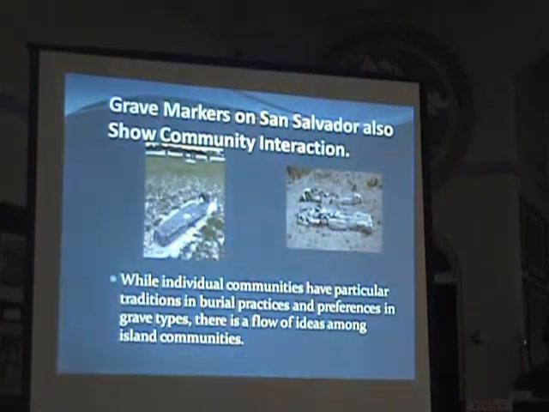It's also clear that while there are clear differences among communities in terms of what people prefer, what the dominant forms of grave treatments are, there is also some sort of connection between communities. So on the right are some of these sarcophagi. We call them sarcophagi for no reason other than that's what I decided to call them the first time I saw them, because that's what they look best like.